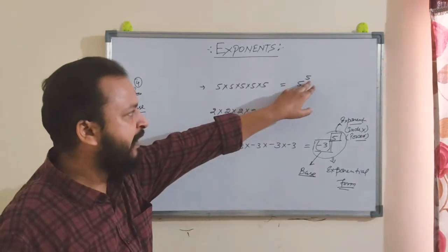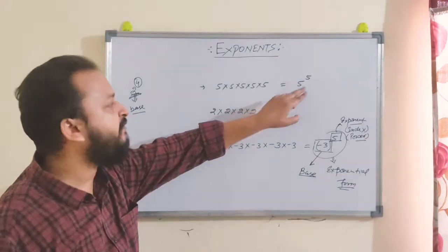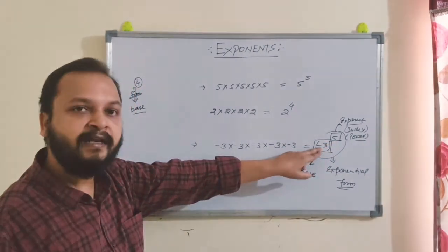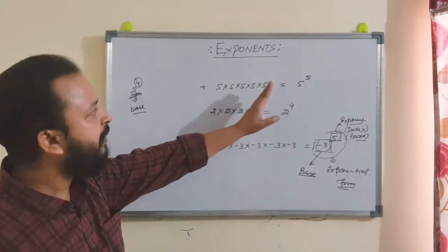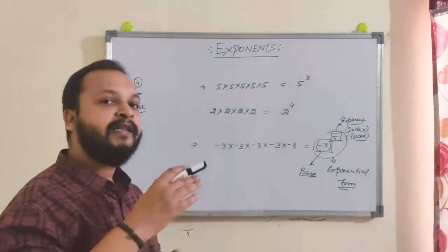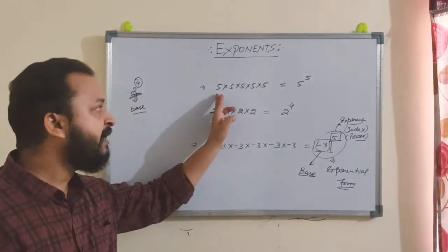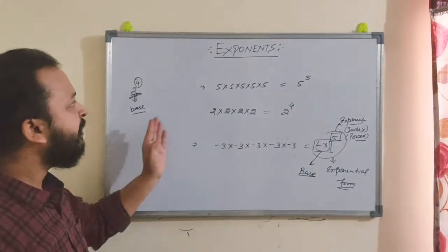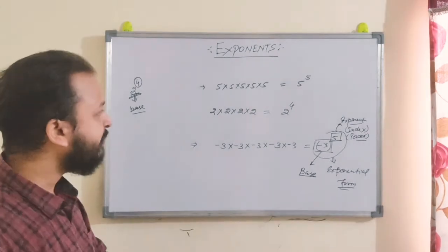Here power is 5, so it means base is written 5 times, right? Here also power is 5, so it means this base is written 5 times. So the exponent says how many times that particular number, the base, is repeating, right? So that is what exponents are, right?